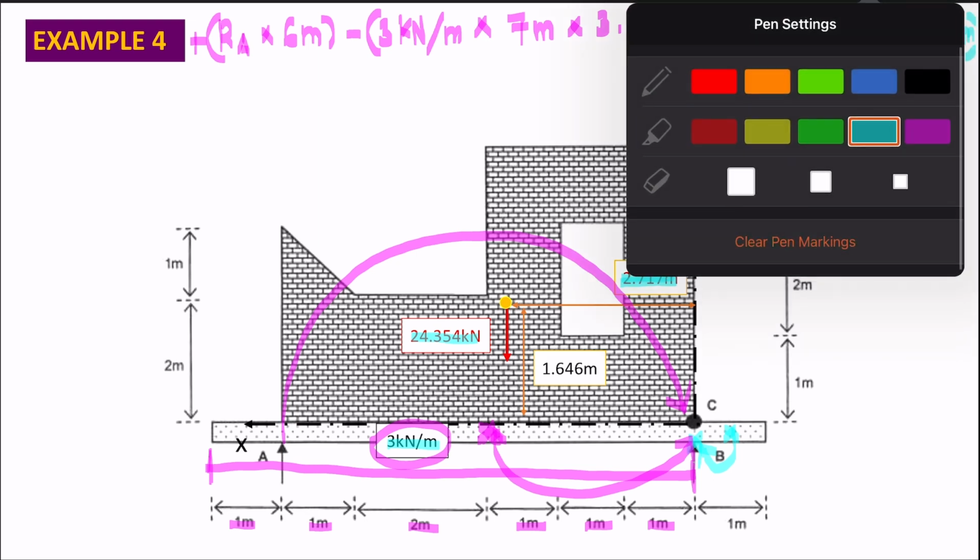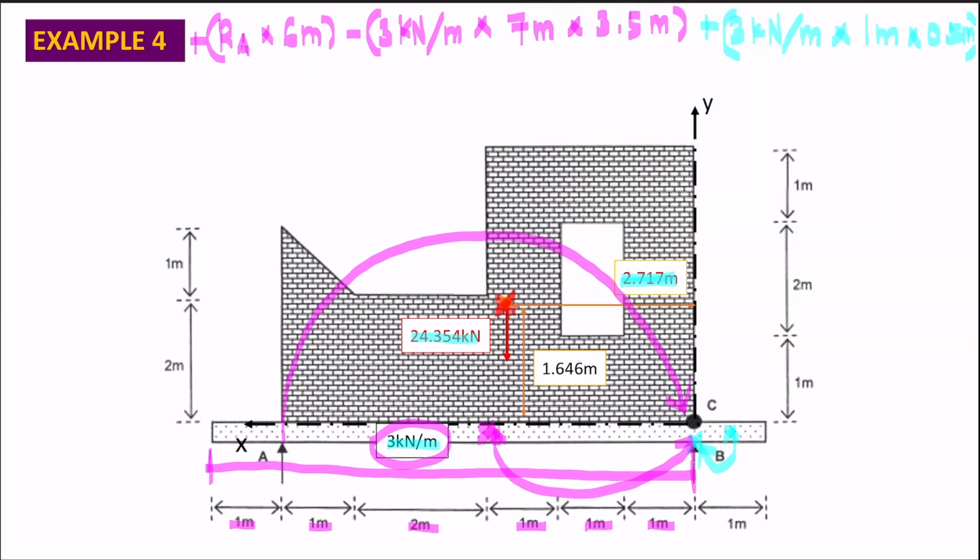Dan last kali, kita ada loading that come from the wall, which is pergi ke point B. The load is 24.354 kilonewton. Dia adalah counter clockwise, so minus.